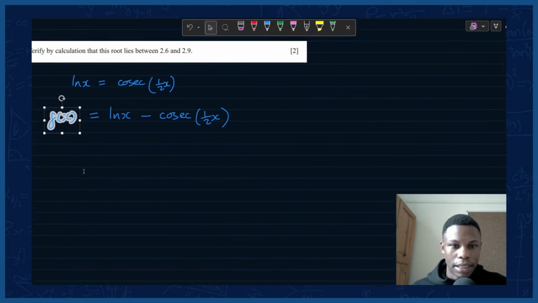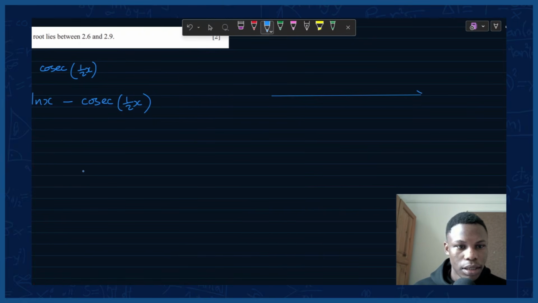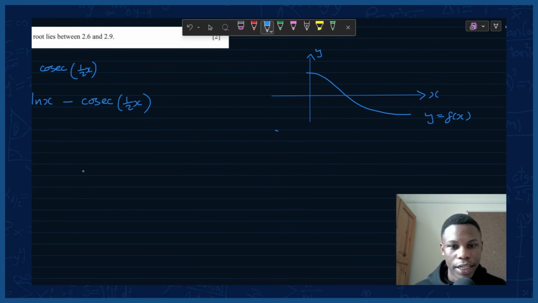The big idea is, if we digress a little bit, if this is y, this is x, and I have some function f of x that looks like this, my y is equal to f of x. And let's say the equation I'm trying to solve is f of x is equal to 0, i.e., what's the value of x when f of x is equal to 0?